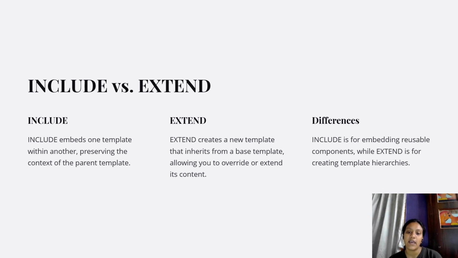For the difference, include is for embedding reusable components, while extends is for creating template hierarchies. Include can be used when you have to reuse the same code again and again, whereas extends is used for creating hierarchies when you have to inherit the content of one parent template into the child template. That is when we are going to use the extends tag.